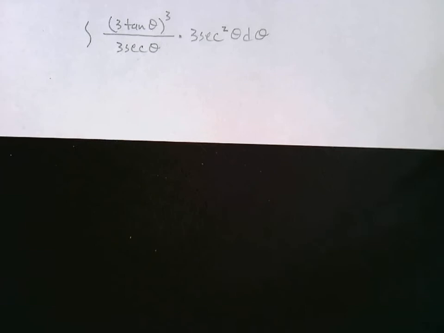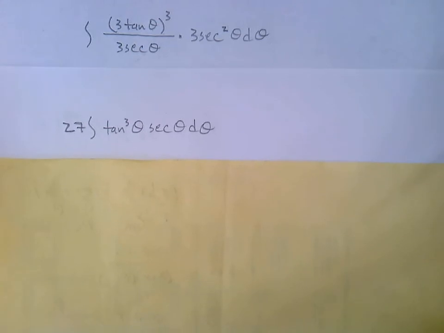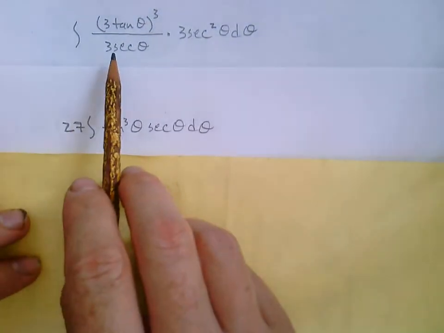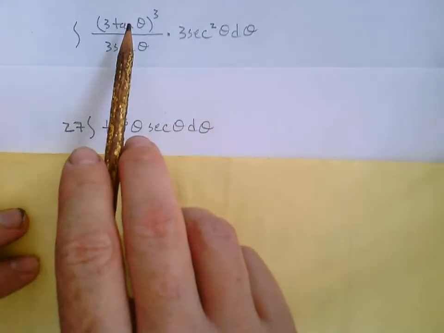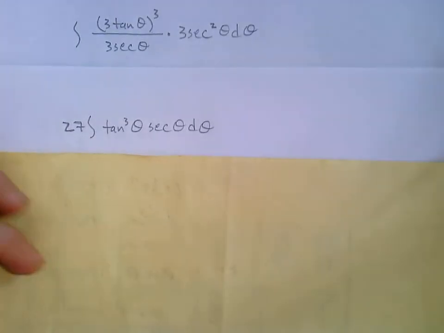Maybe we can keep this one on the screen. All right, so our 3's canceled, one of our secants canceled, so the 3 cubed gives us the 27, tangent to the third, and one of the secants survived, d theta.